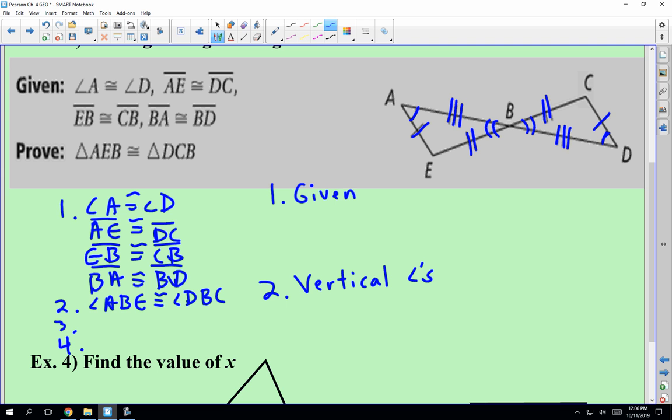Okay, so vertical angles congruent, and then we'll use the new theorem that's just above this. If two angles in one triangle are congruent to two angles in another, then the third angles are congruent.